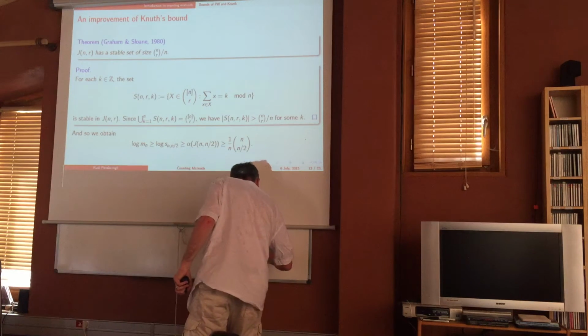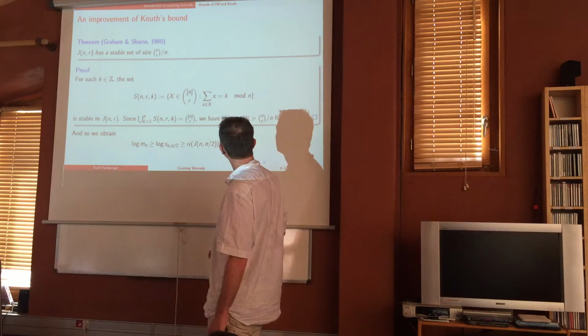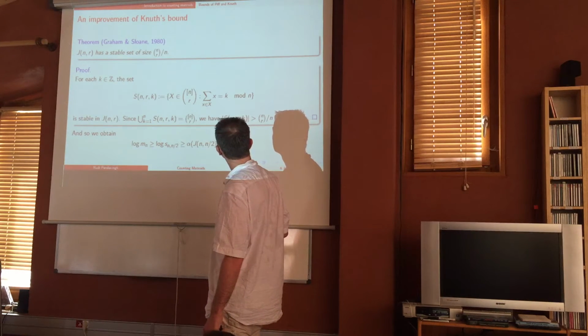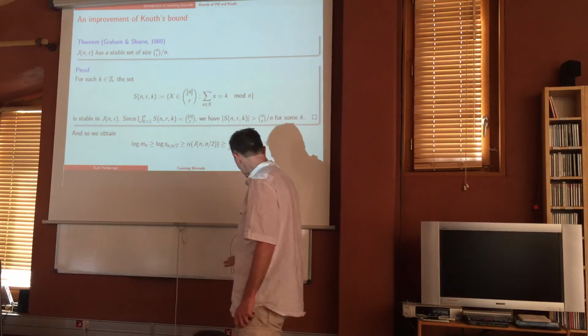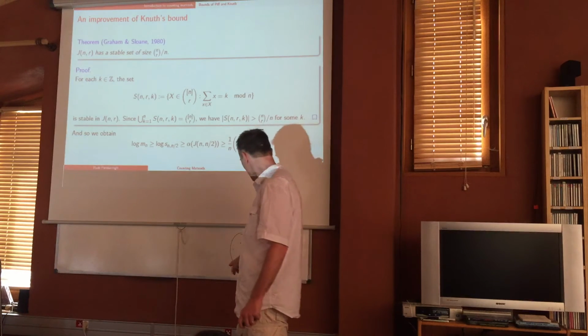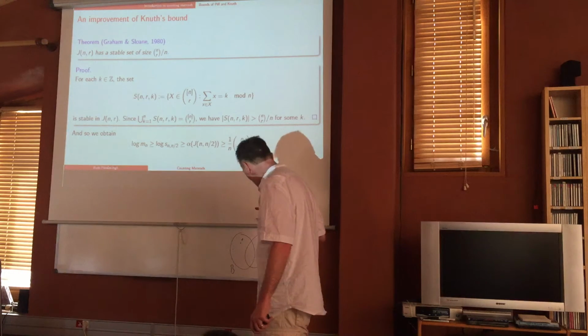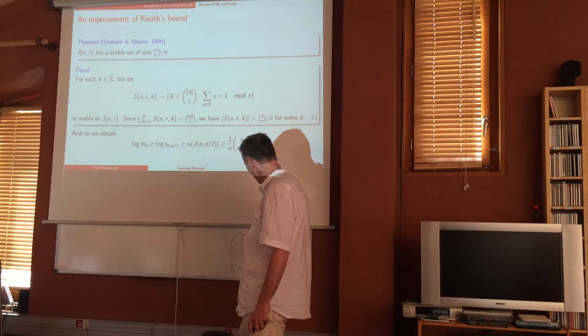You mean the ones with a fixed sum? Fixed sum, yes. Fixed sum is k. Because if you have two R sets called B and B prime, then what happens to this sum mod k when you go from one to the other?